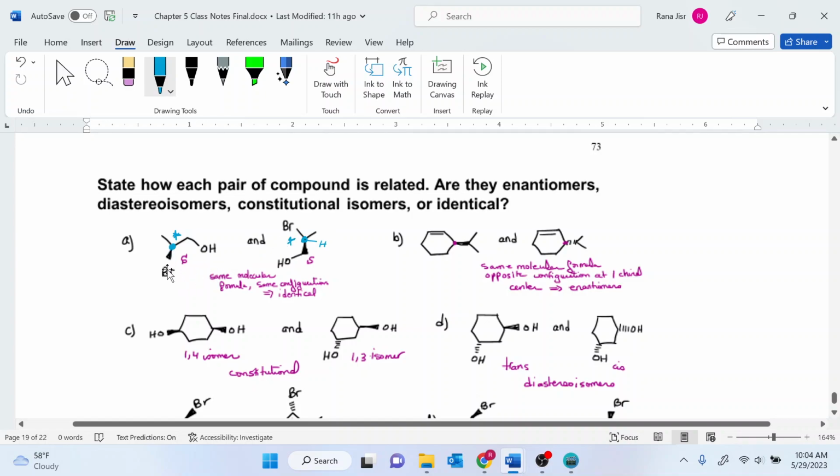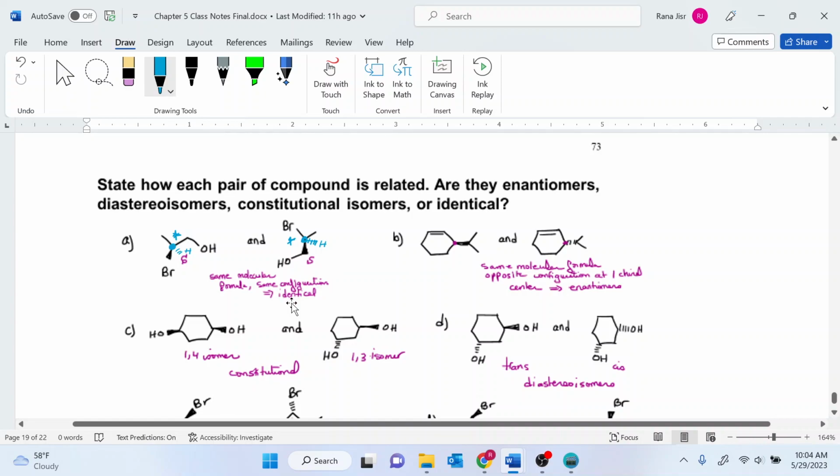If the bromine is in front, then definitely the hydrogen here is going to be behind. And here, of course, the hydrogen is going to be behind. Remember that every tetrahedral carbon needs to have two bonds in plane, one bond in front and the other one behind. Do the configuration and see if they are the same, then it's going to be the same identical molecule.